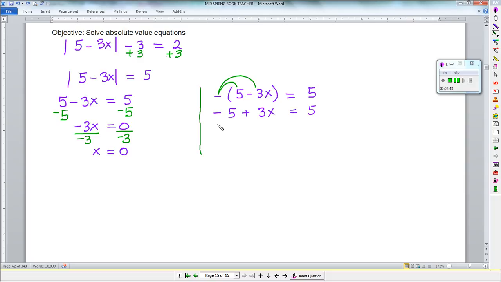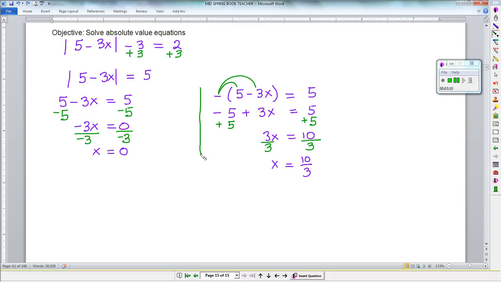Next, we are going to cancel the negative 5 by adding 5 to the left side and to the right side. So we have 3x equals 10. And we want to isolate the x, so we cancel the 3 by dividing both sides by 3. So we have the answer x equals 10 over 3.